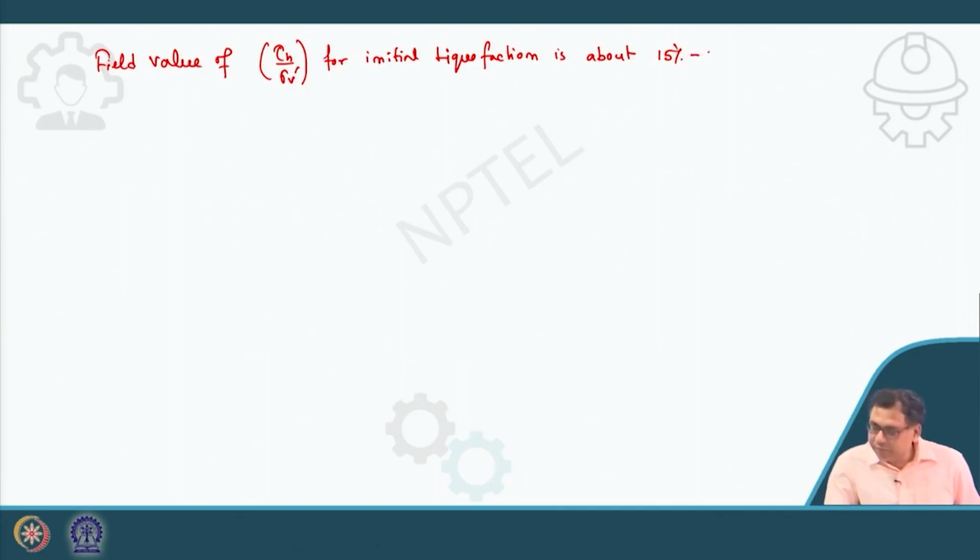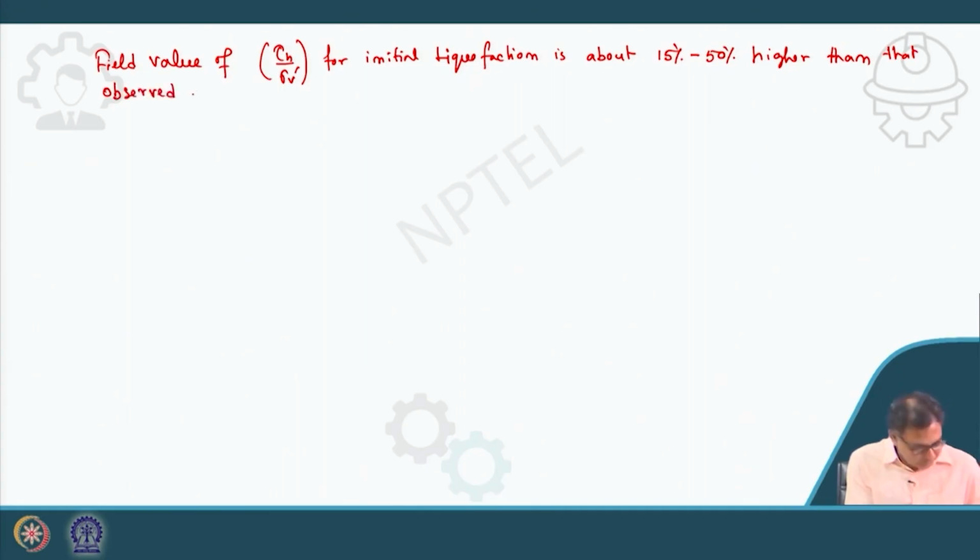It has been observed that the field value of tau h by sigma v dash for initial liquefaction is about 15% to 50% higher than that observed from the cyclic simple shear test.